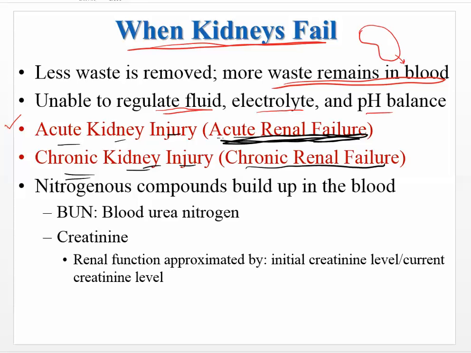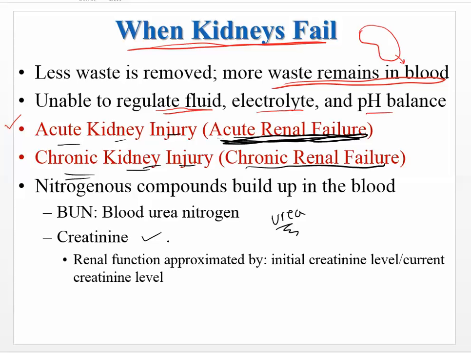Nitrogenous compounds build up in the blood: urea, nitrogen. Now remember we talked about that as urea. Okay, urea, which is a breakdown product of proteins. So those things are going to build up in the blood. If you don't have an ability to sort of filter those and get those out into the urine, then those can build up in the blood.